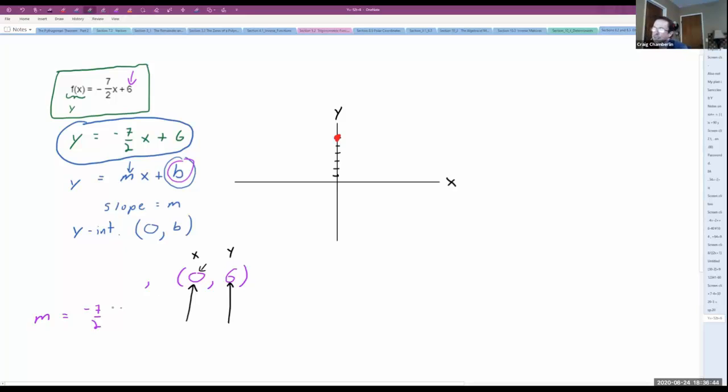So to go from one point to another point on the line, you rise -7. If you think of the negative as being in the numerator, you could put it in the denominator as well.